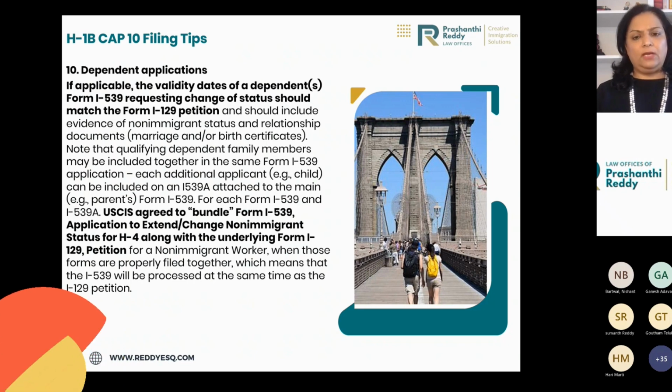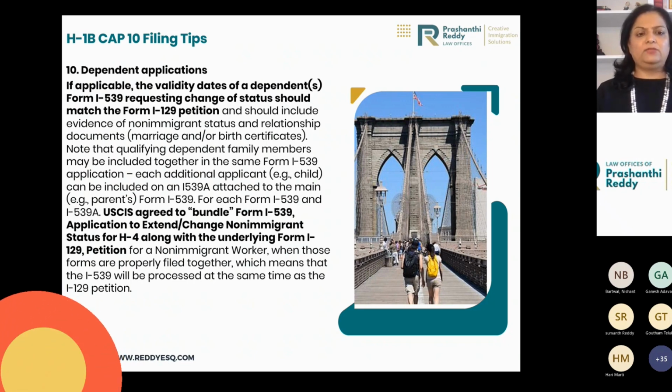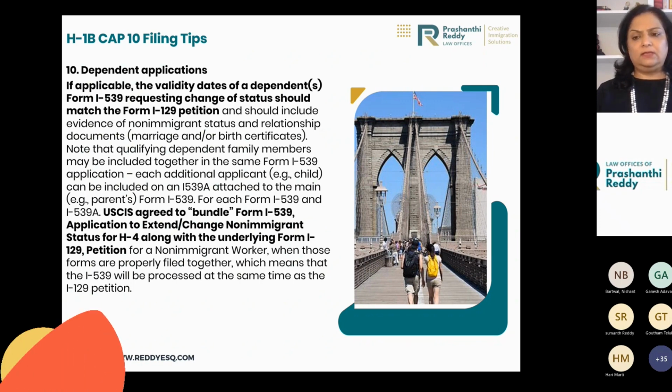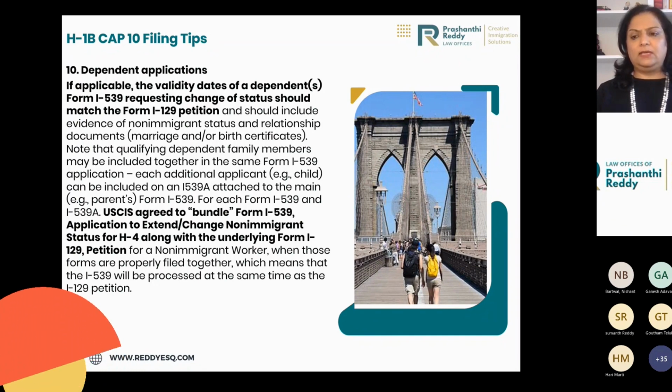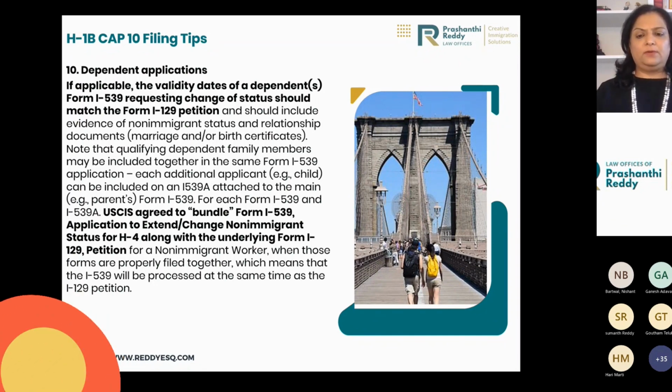But during the Trump administration, the I-539s required biometrics. They started a new thing where all I-539 cases had to go for biometrics, meaning fingerprints and photographs. And then they would do a security check. So they were not able to process both the applications together because that biometrics process was taking a long time.